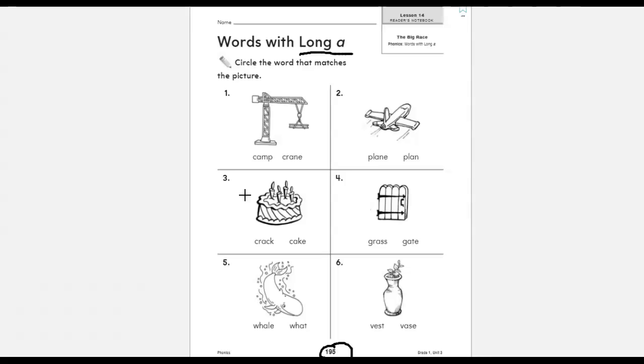On number 3, we have the words crack and cake. On number 3, is this a picture of a crack or a cake? Circle the word that matches the picture.